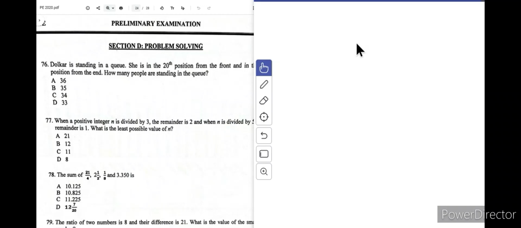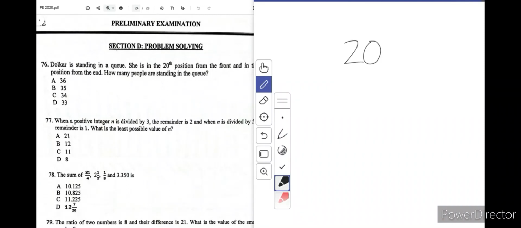In this question, Dolker's position is 20th from front. That means including her there are 20 people from the front. Now if we look from behind, she is in the 16th position. 16th position means there are 15 people after her.